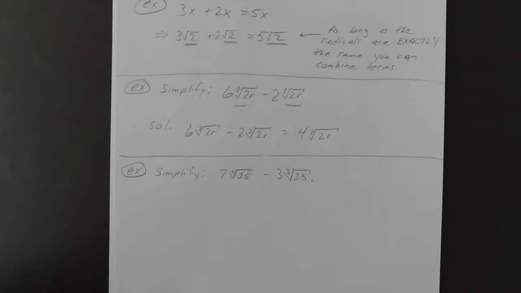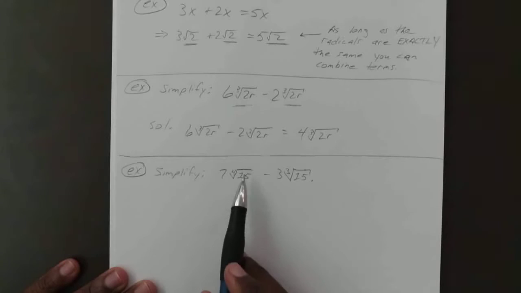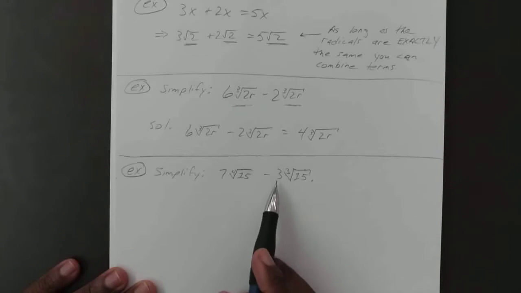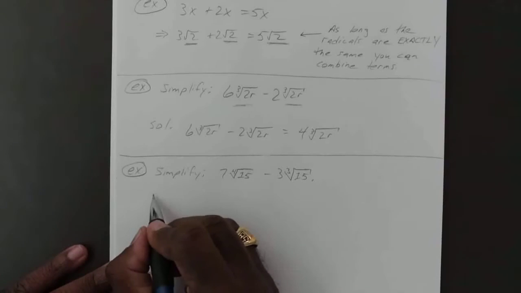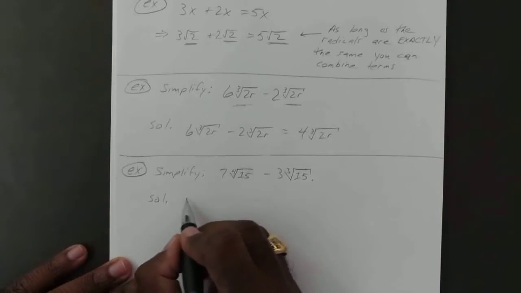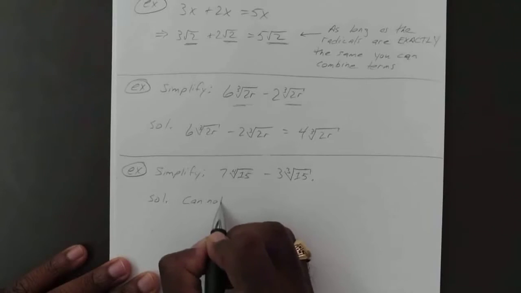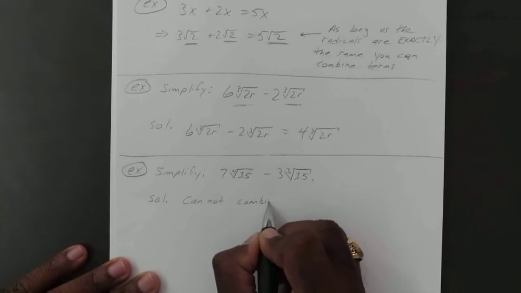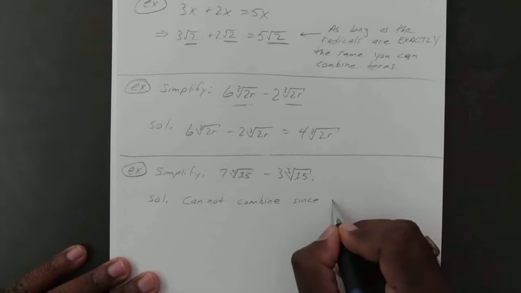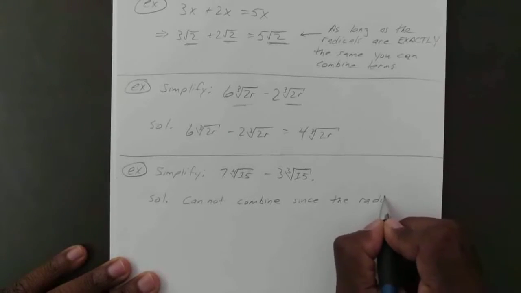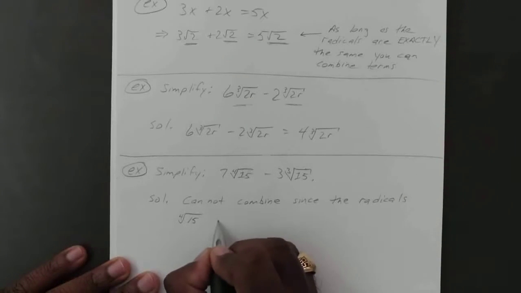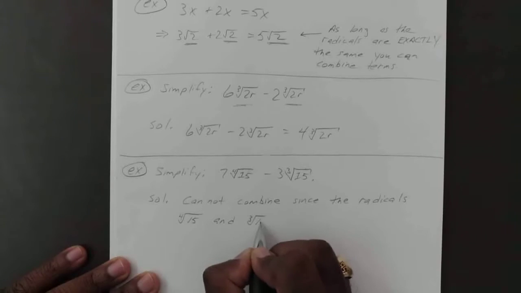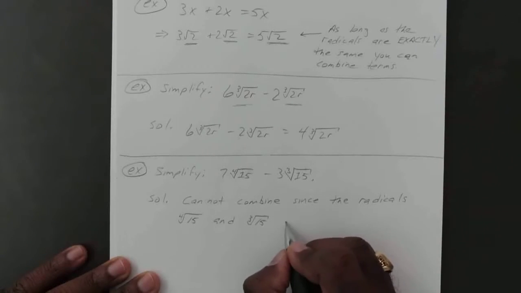Even though the radicand is exactly the same, just the fact that the index is different for each one means they're not exactly the same for both. So you actually couldn't combine these two, since the radicals, 4th root of 15 and cube root of 15, are not exactly the same.